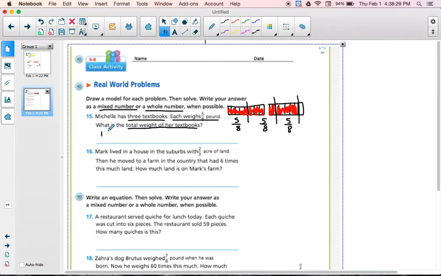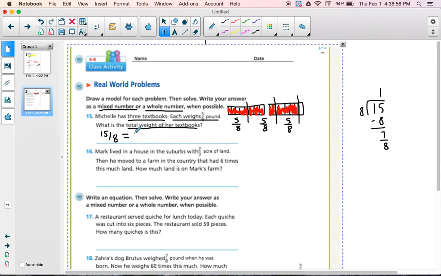But we don't say the textbooks weigh 15 eighths. What we do is we change this into a mixed number. So 8 will go into 15, what, 1 time? 15 minus 8 is 7. Bring the divisor down as the denominator.